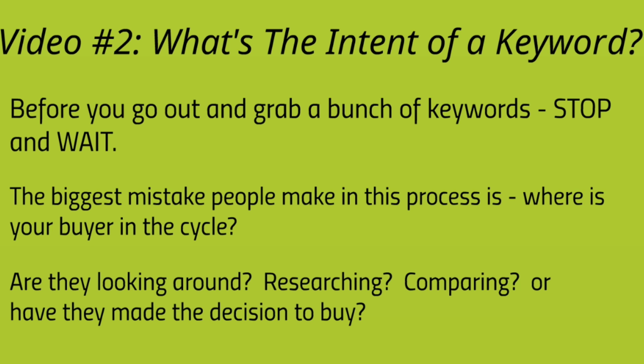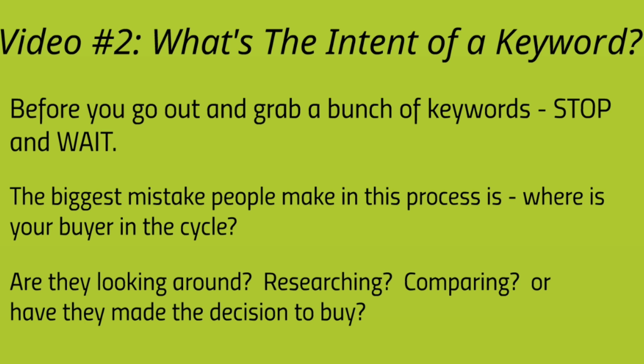If they're researching, they might do brand name versus brand name. Or if they're actually looking to buy the product, then they might type in your product name or the product model number. You might see some keywords out there where somebody is searching for a specific model number, for example for an appliance, or they're looking for parts.